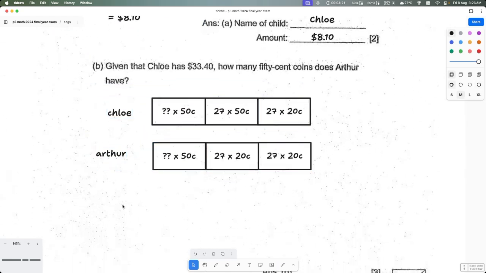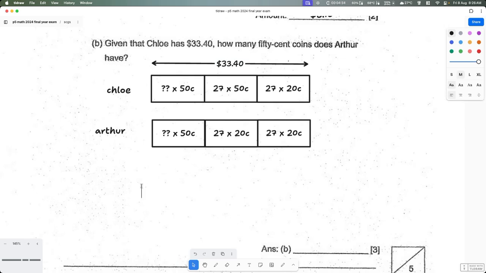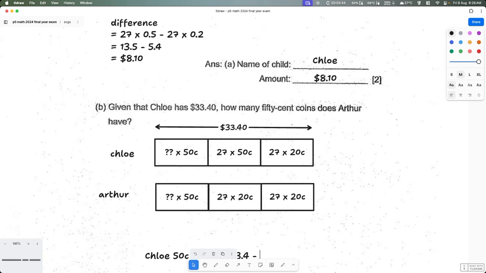Same thing. So if Chloe has $33.40, we can get this over here, right? So what we can do is, Chloe's 50-cent value is equal to 33.4 minus 27 times 0.5.